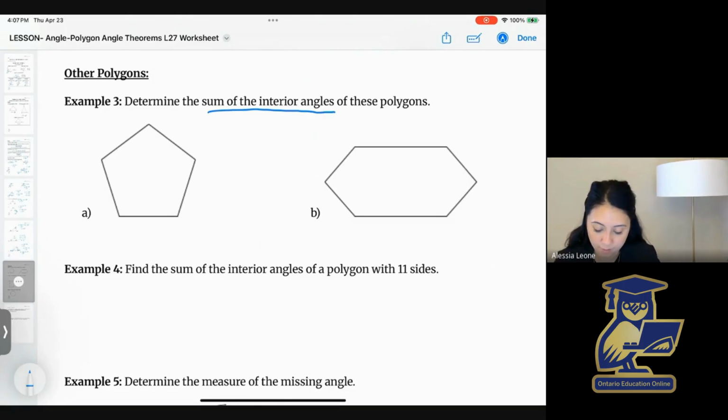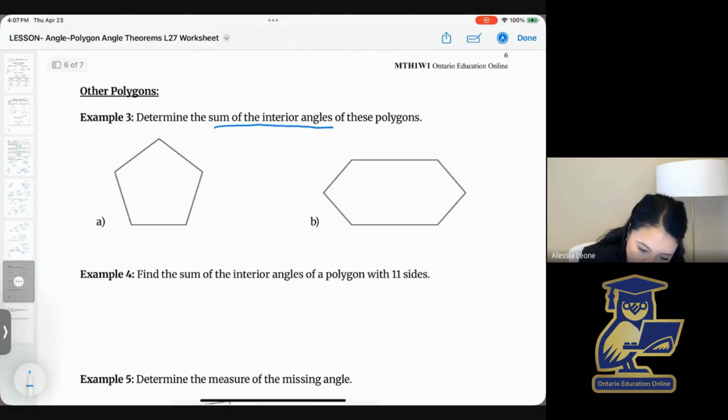So going back to our theorem sheet, we have those formulas. I'm going to write them at the top here, just so we don't have to flip back. So this is the formula we needed to use.